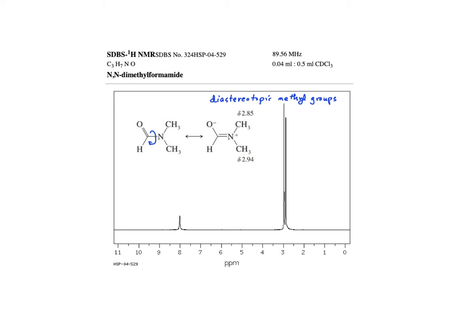As a result, the methyl groups in this structure are diastereotopic and exhibit slightly different chemical shifts as they are chemically non-equivalent. So the appearance of an apparent doublet is misleading. These are actually two singlets with similar but non-equivalent resonance frequencies.